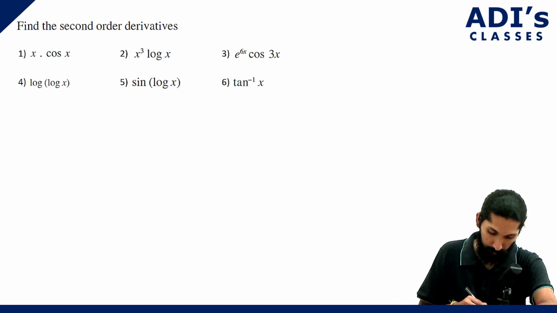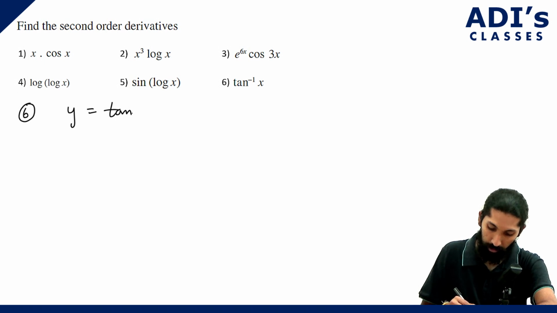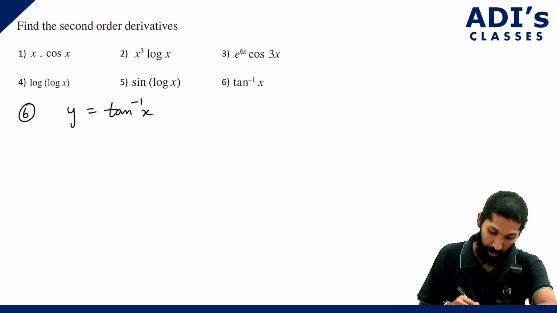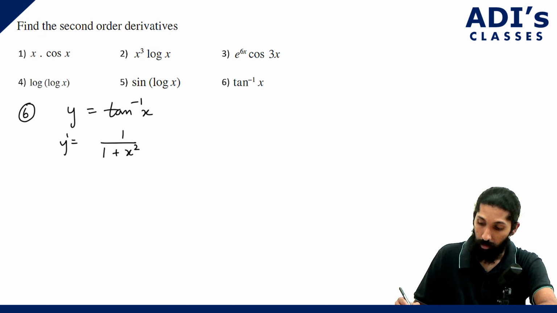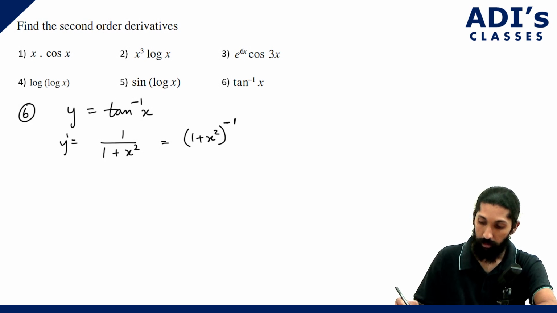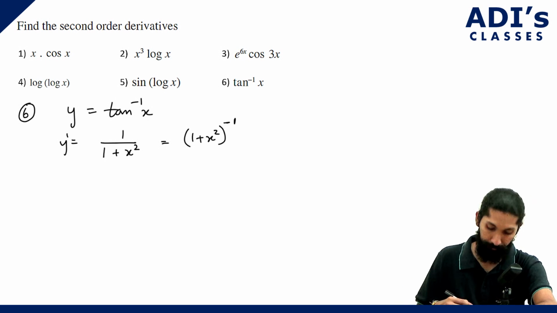See the sixth one, y is equal to tan inverse x, correct? So y dash is 1 by 1 plus x square, isn't it? Now what you can do, you can write this as 1 plus x square whole power minus 1, correct? Now we can apply the normal x power n type of formula.